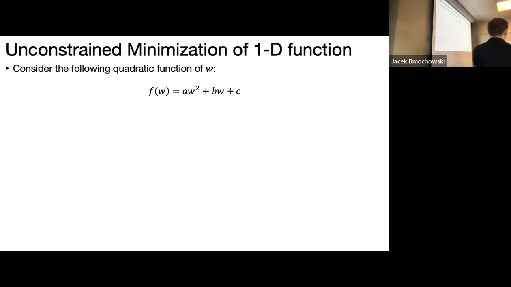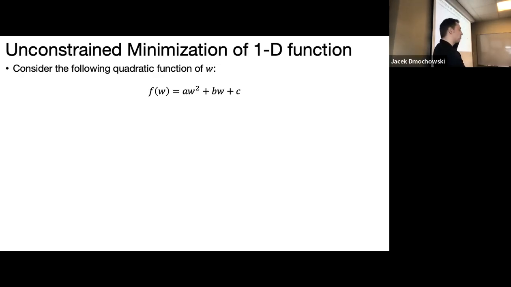I'm using W to signify what we do when we come up with the best classifier. We're solving for the W that minimizes some function. Now here, this function is a very straightforward quadratic.